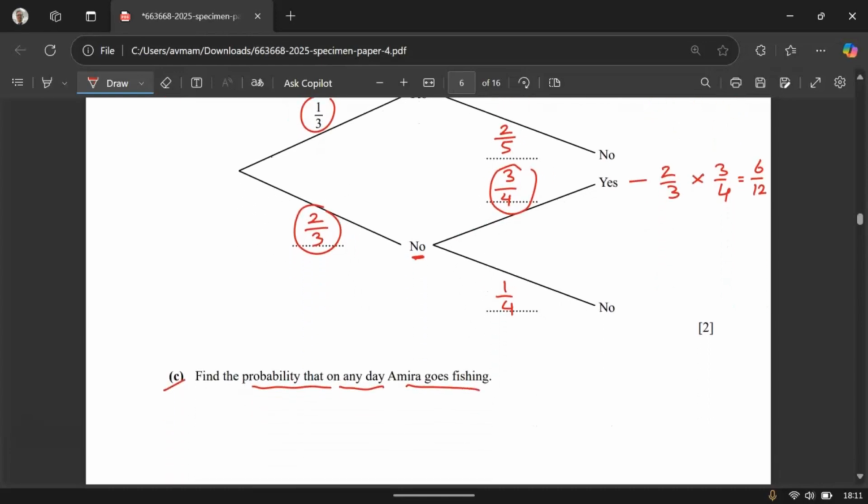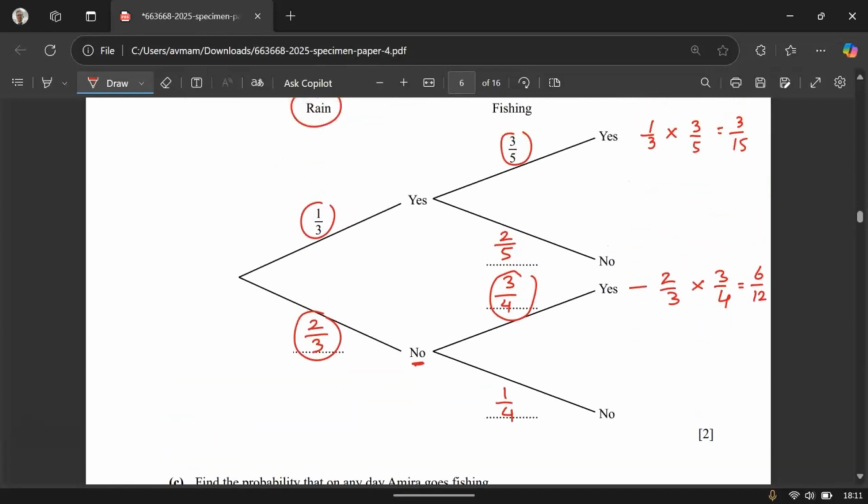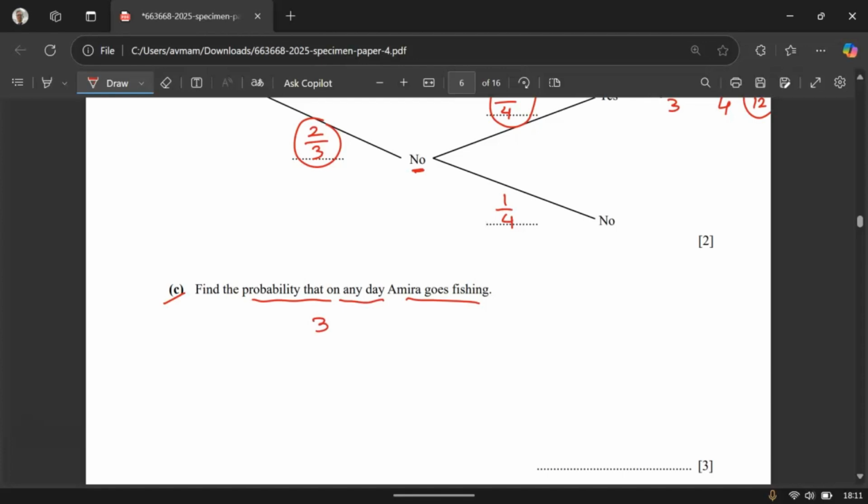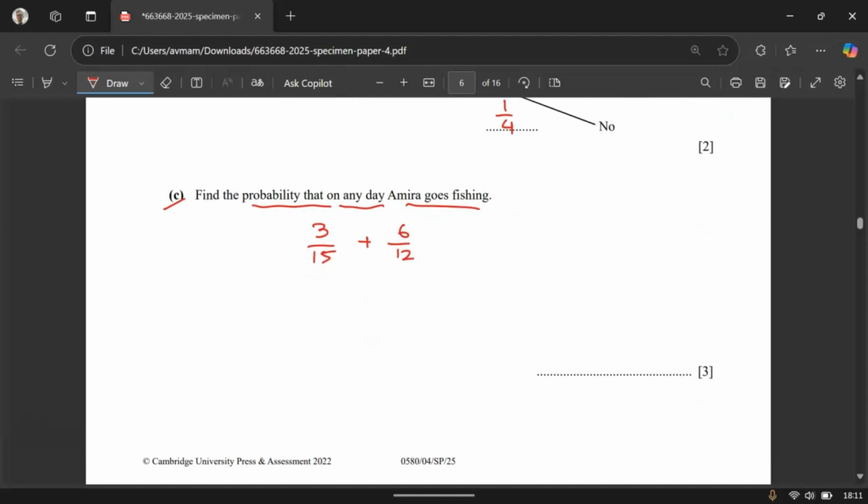Now to find the probability that on any day Amira goes fishing, we need to add the two outcomes, 3/15 plus 6/12. We can write this as simply as possible.